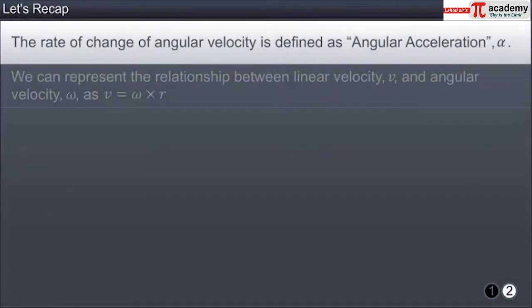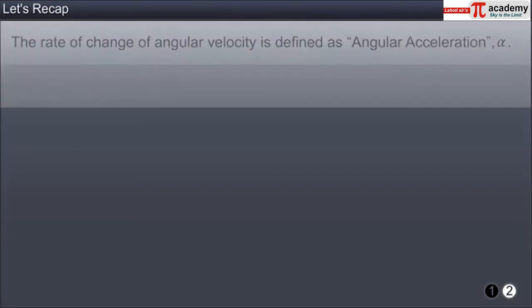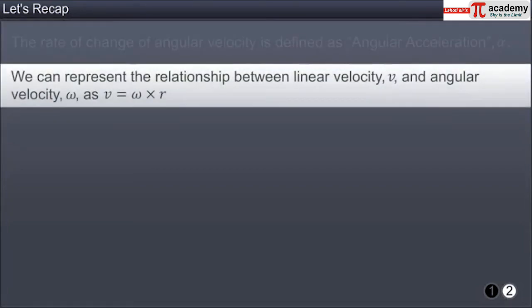The rate of change of angular velocity is defined as angular acceleration, alpha. We can represent the relationship between linear velocity v and angular velocity omega as v is equal to omega into r.